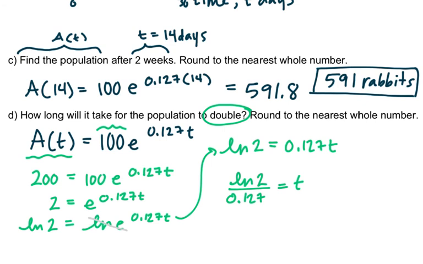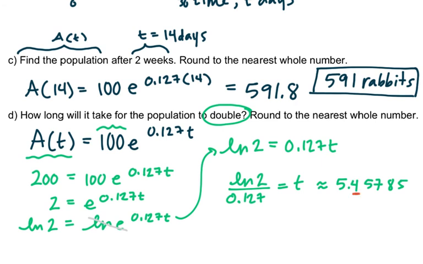So that is my exact point when I will have double rabbits. And if I type that into my calculator, I'm going to get that t is approximately 5.45785 days. So this says round to the nearest whole number.